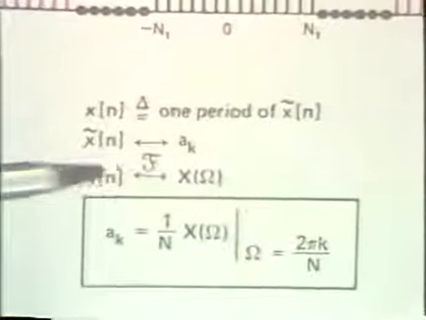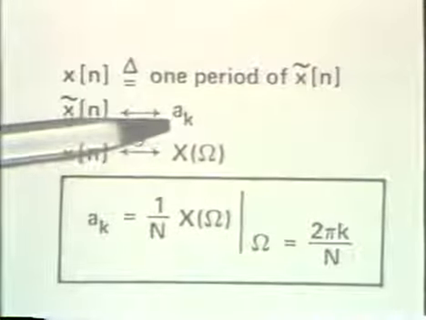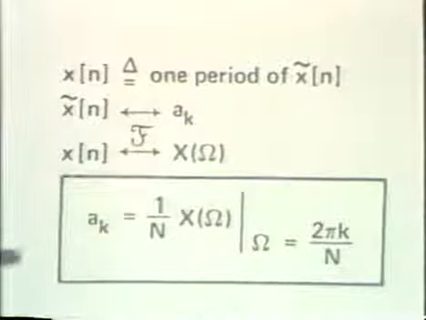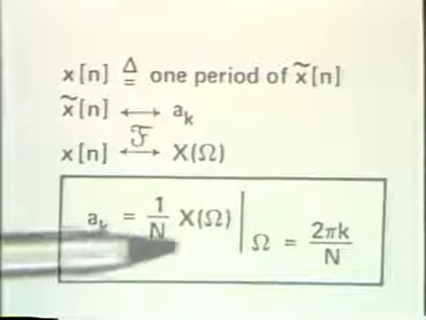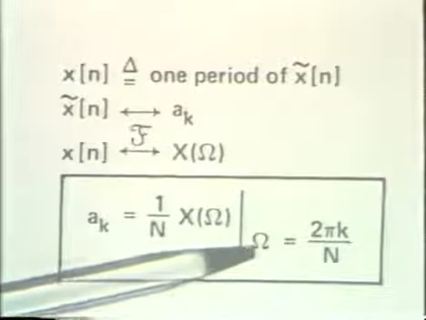So X of omega is the Fourier transform of one period. The a sub k's are the Fourier series coefficients of the periodic signal, and this relationship simply says they're related, except for a scale factor, through samples along the frequency axis.